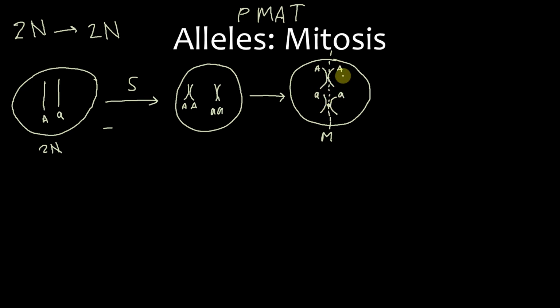Now, why is this the orientation at the metaphase plate, and why is it not this? Why is it not this? Okay, so this seems equally probable, but this is not what happens. Well, if these segregated, you would result in daughter cells that were either big A, or little a.